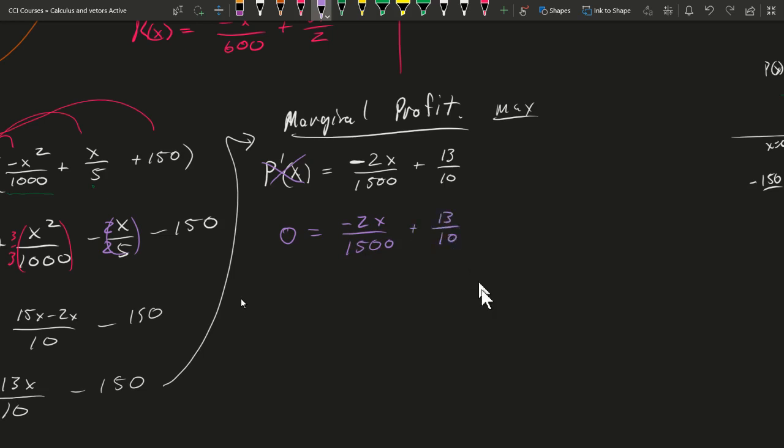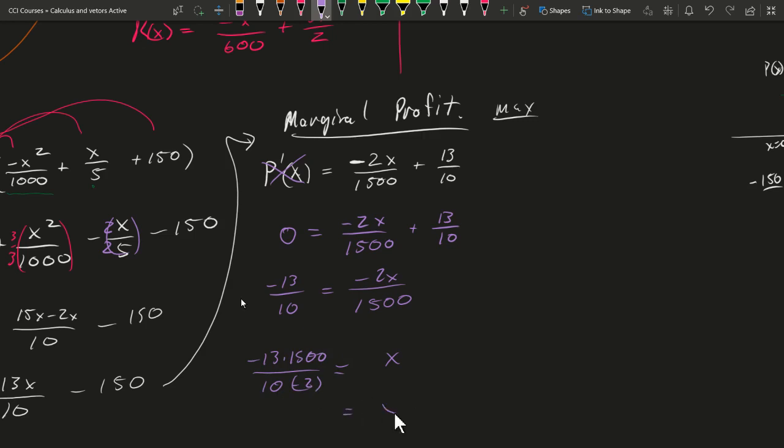Now I'm going to solve for x, which is sales. So I'm going to subtract 13 over 10, giving negative 13 over 10 equals negative 2x over 1,500. Multiply by 1,500 and divide by 2. I could have just done 750 as well, but whatever. X is negative 13 times 1,500 over 10 times negative 2.